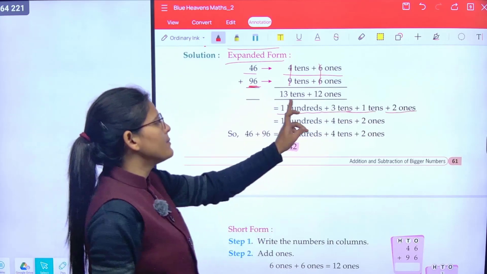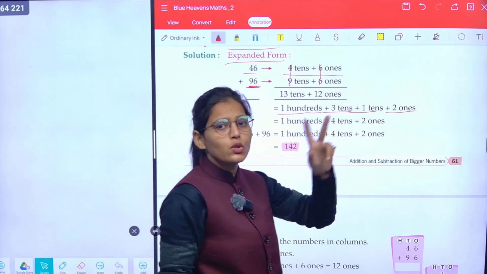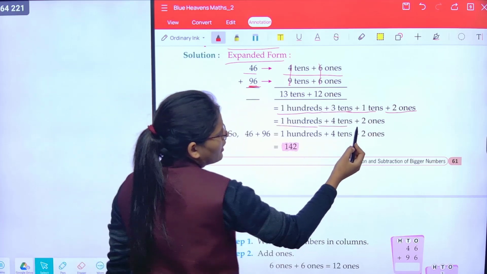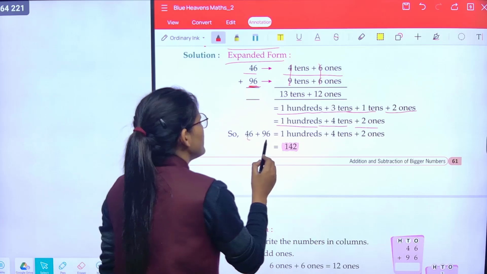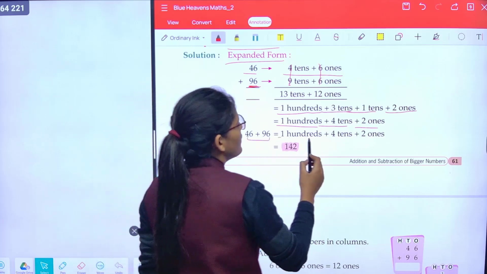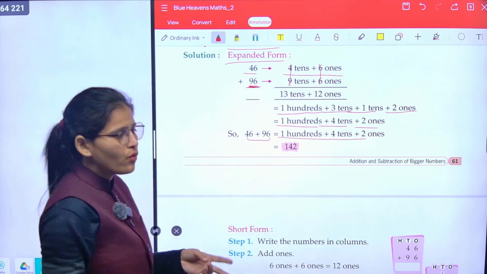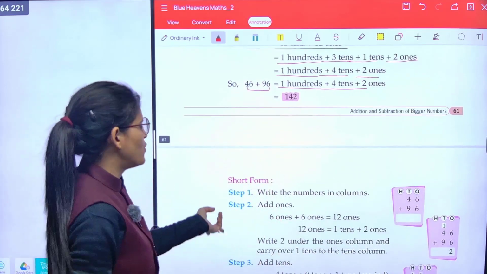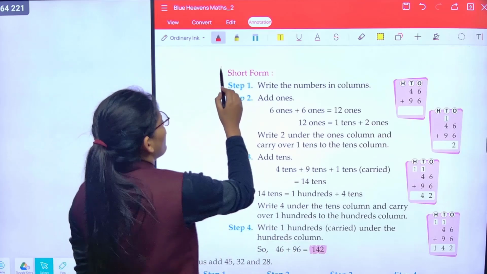Now 1 hundreds plus 3 tens plus 1 tens plus 2 ones. 1 hundreds, 4 tens, 2 ones. So 46 plus 96 is 142.